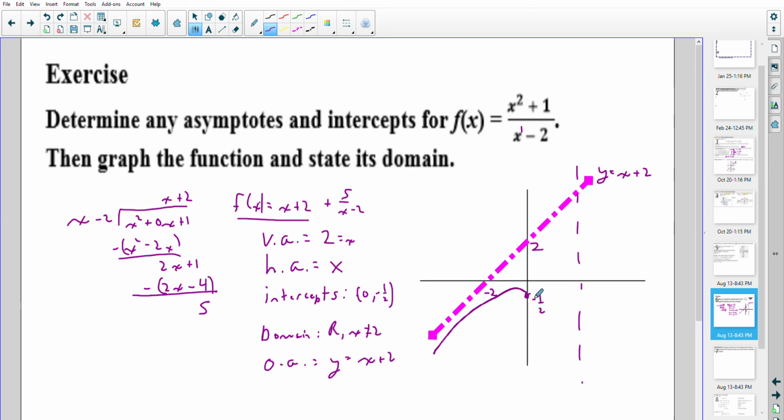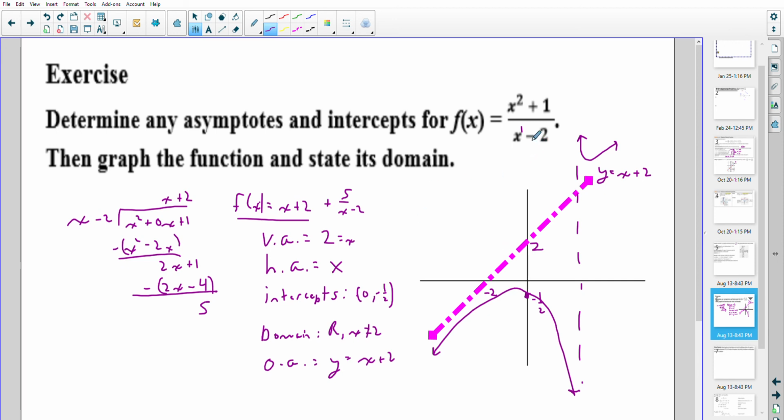And so more or less you're looking at a graph that looks like this, not intersecting those asymptotes. And then what you're going to have is another graph up here. Because this is to the first power, it's going to have opposite behavior. So this is going to go to negative infinity. This is going to go to positive infinity up here, which means that you now are going to have part of the graph up in that area.